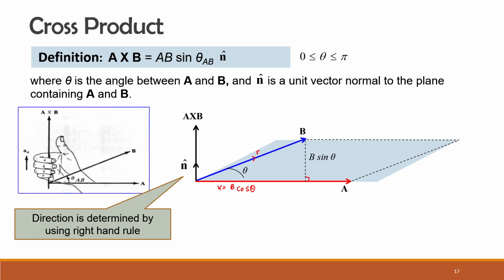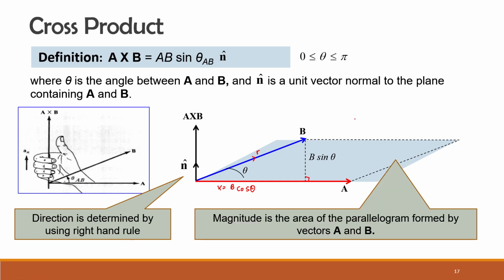So the magnitude of A cross B represents the area of the parallelogram formed by vectors A and B.